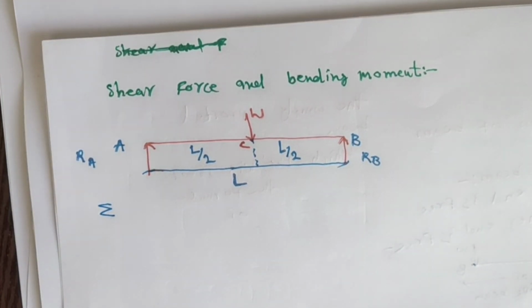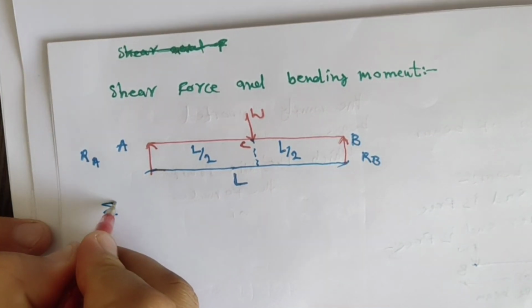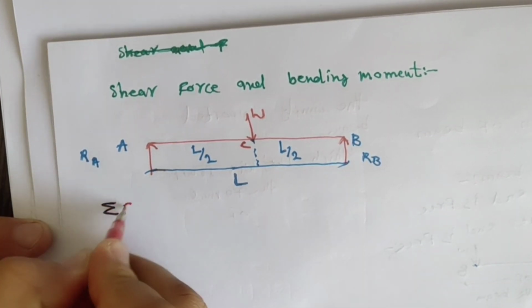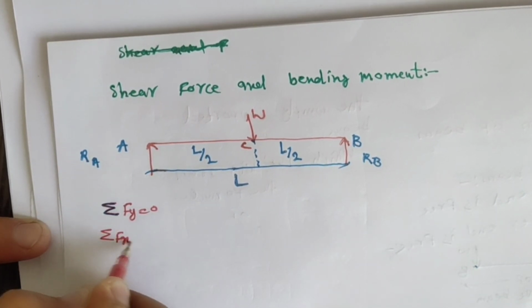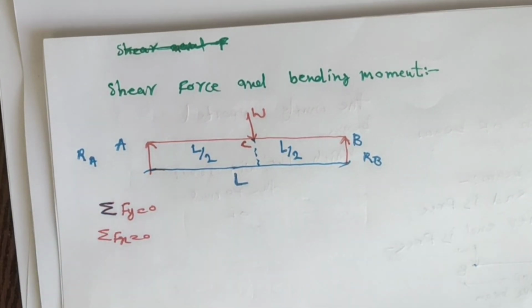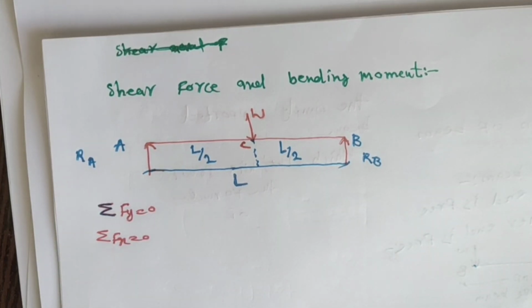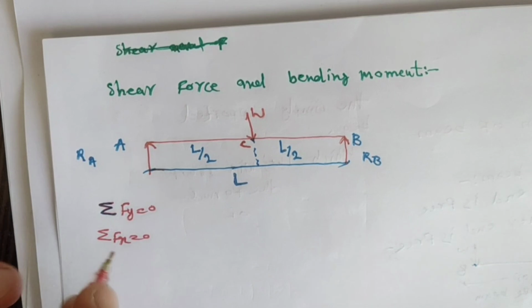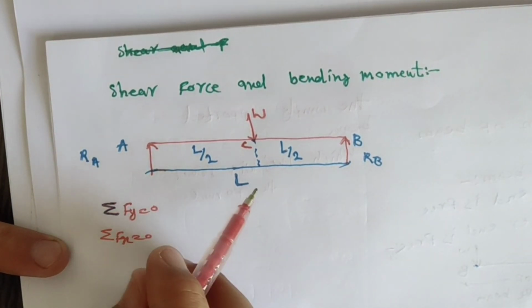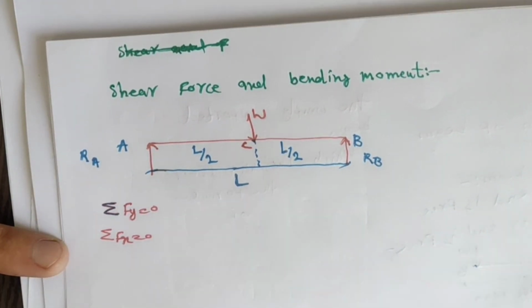Summation of Fy is equal to 0 and summation of Fx is equal to 0. Fy is the vertical force and Fx is the horizontal force, but there is no horizontal force, only vertical forces exist.